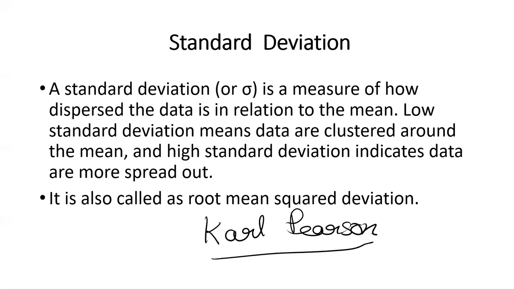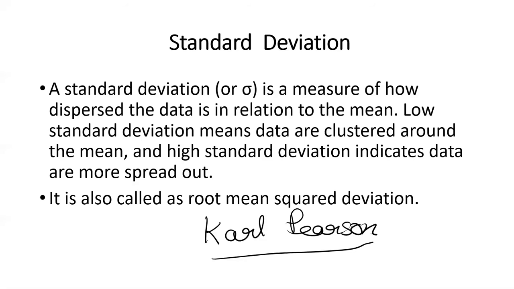It is a measure of how dispersed the data is in relation to the mean. Low standard deviation means the data are clustered around the mean. When the values are close to the mean, the value of standard deviation will be low.